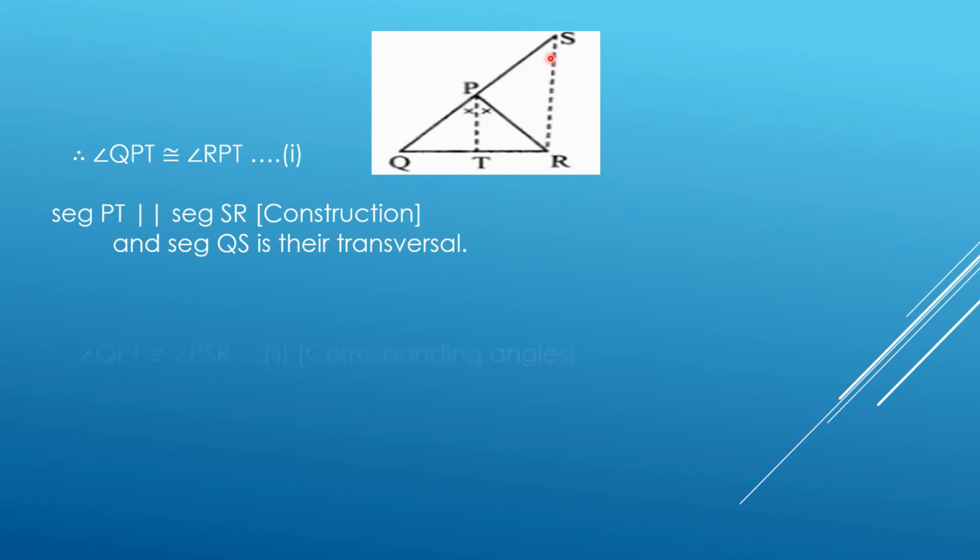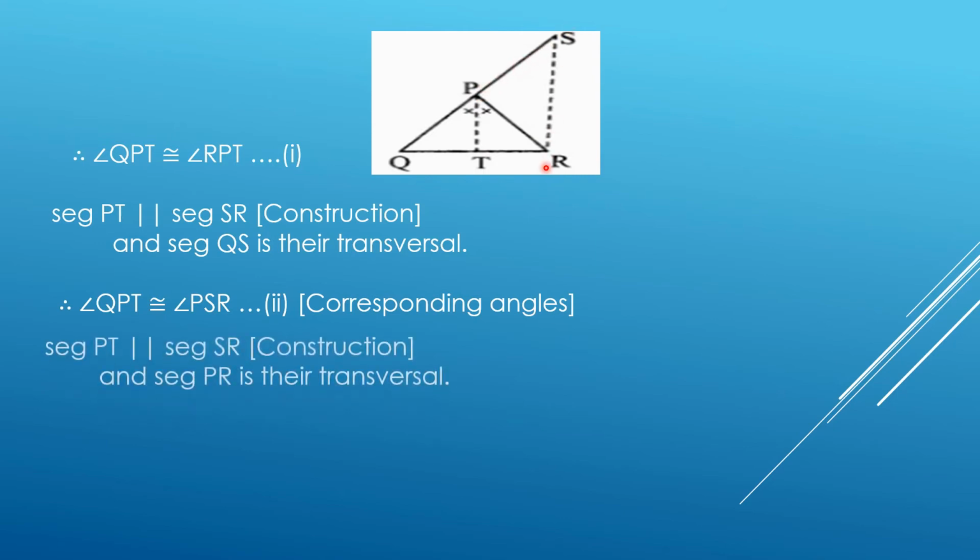Angle QPT and angle PSR are corresponding angles. Corresponding angles are congruent. Therefore, angle QPT is congruent to angle PSR. That is equation number 2.